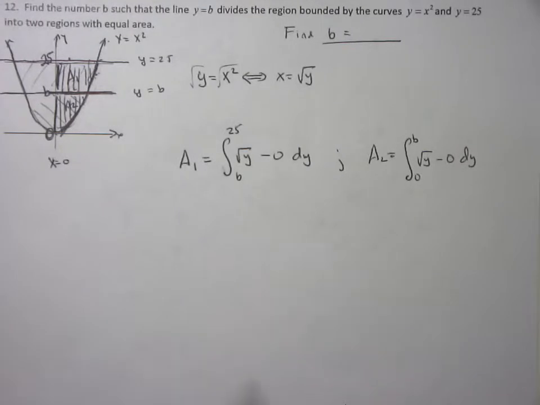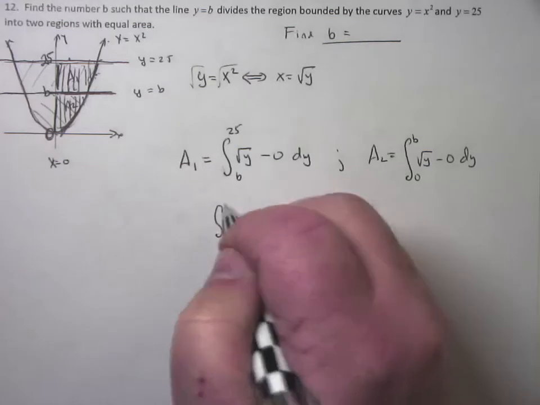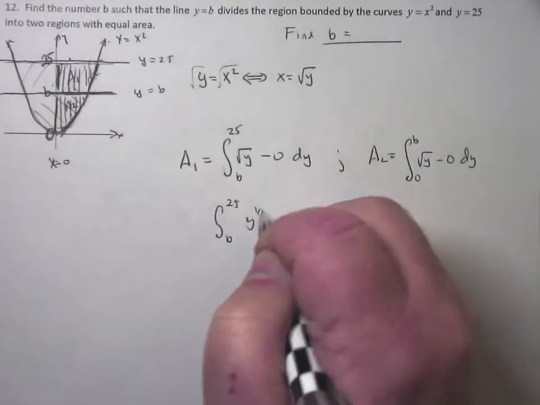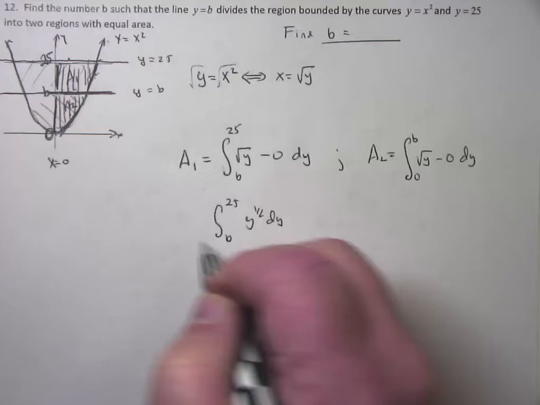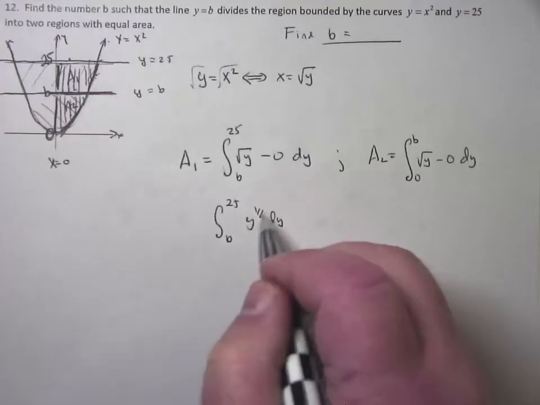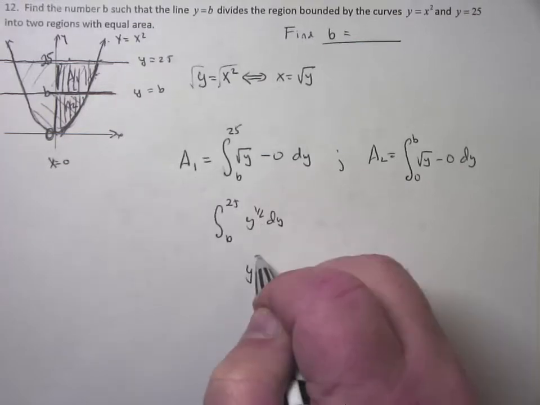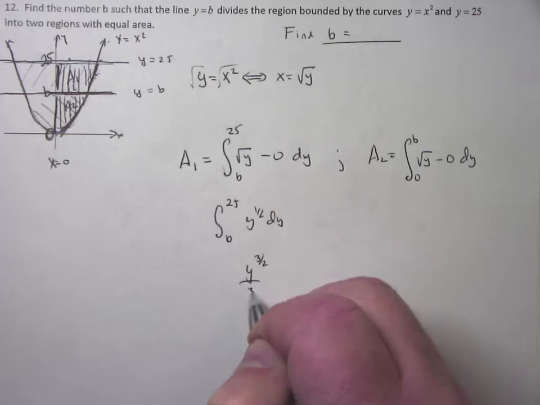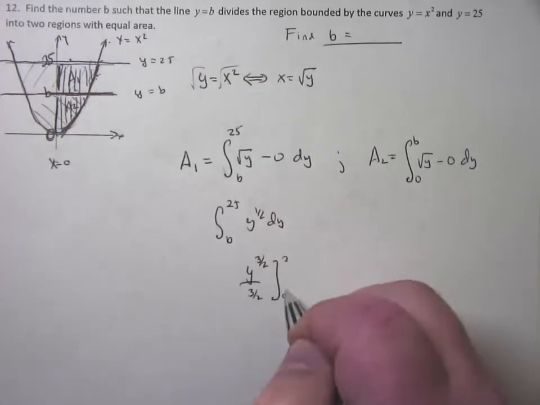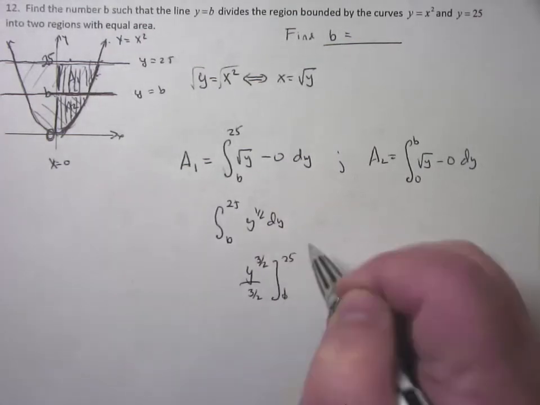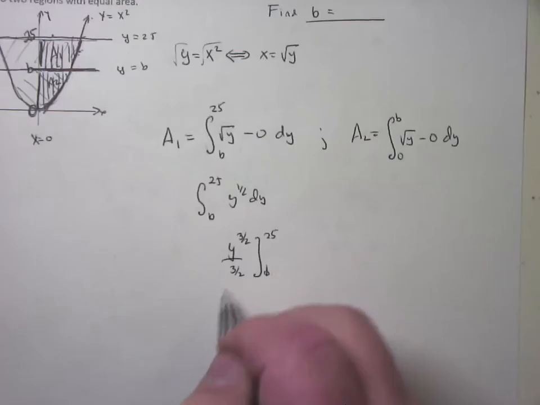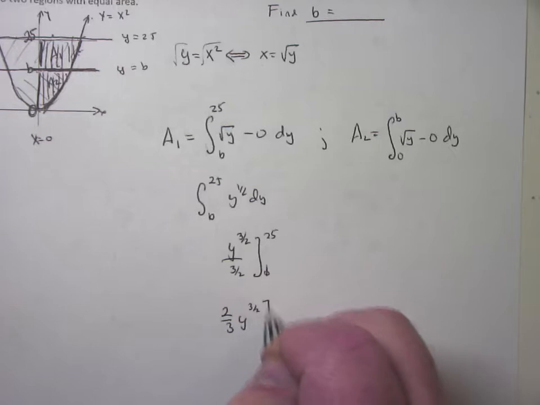So this is the integral from b to 25 of y to the 1/2 dy. Integrate y to the 1/2: add 1, over add 1, that'll be y to the 3/2 over 3/2, evaluated from b to 25. Fundamental theorem, plug in top minus plug in bottom, but I'll clean them up first. This is 2/3 y to the 3/2 evaluated from b to 25.